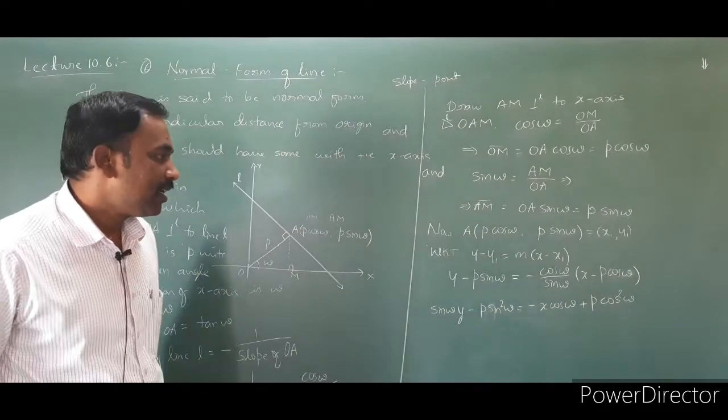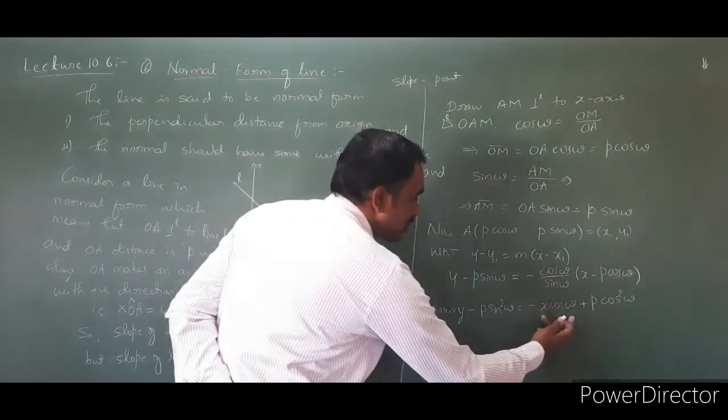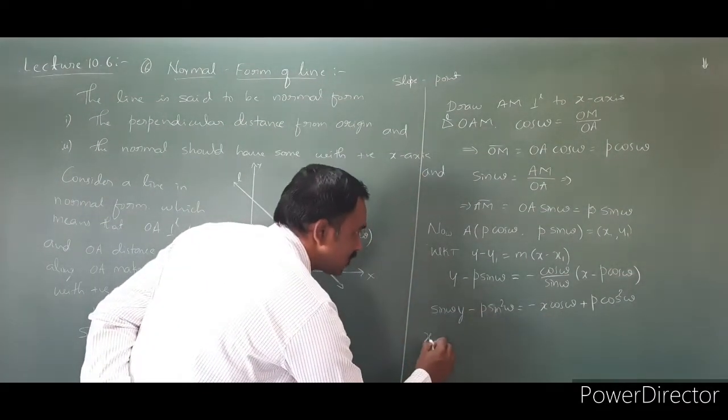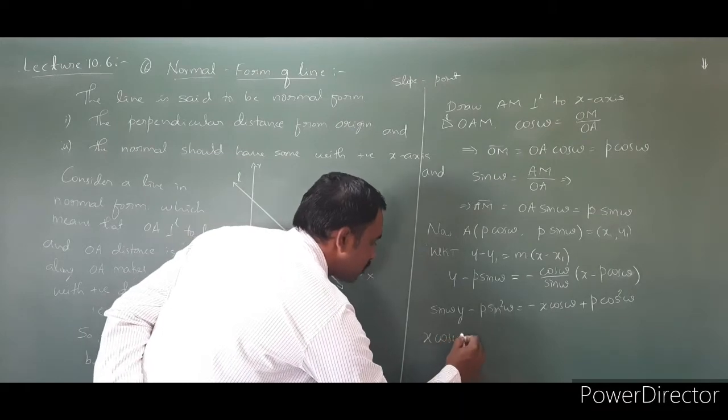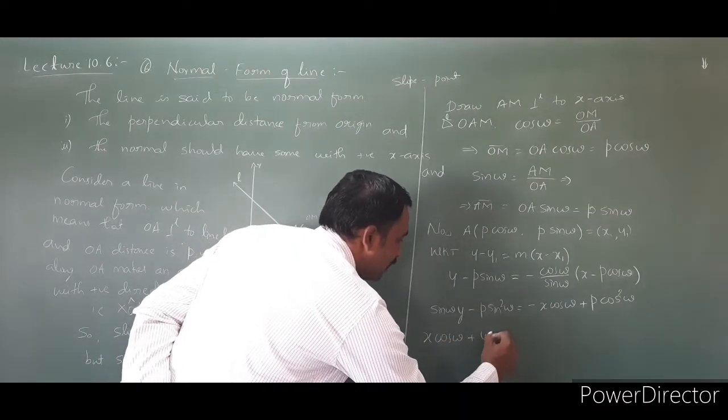Now rewrite and simplify. Here I take minus x cos omega to the left-hand side.